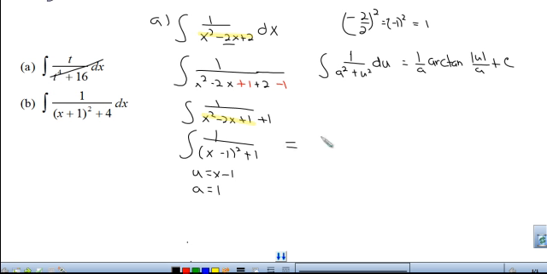So my integral is going to be arctangent of x minus 1 plus c, which is arctangent of x minus 1.